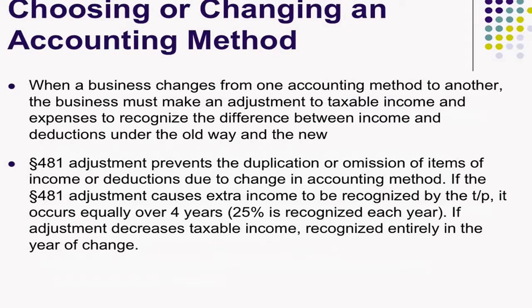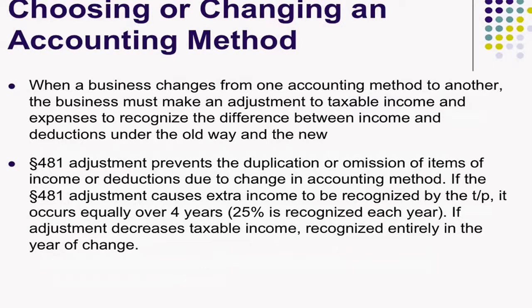It's not separate activities. It happens all at once. So let's say, for example, that at the end of last year, 2016, I had $10,000 in, or let's make it easier to figure. Let's say I had $20,000 in accrued income, okay? And I had, let me make it $25,000, easier to figure in my head.